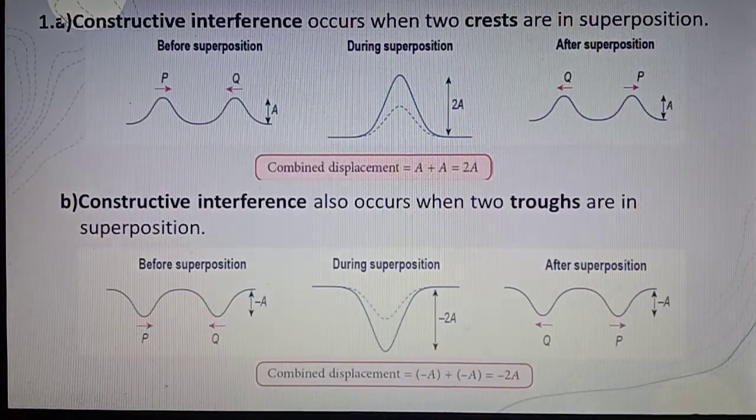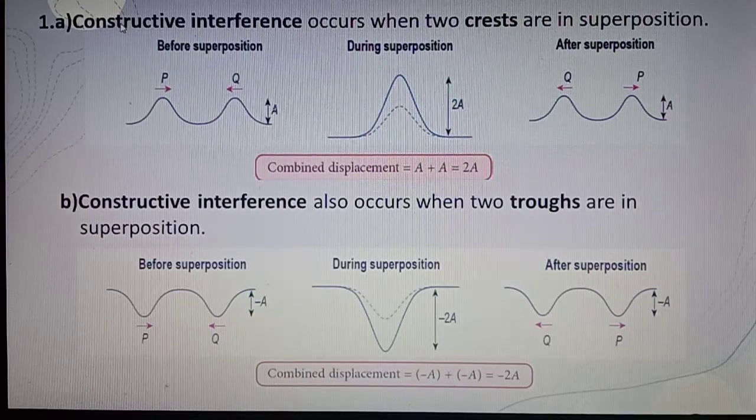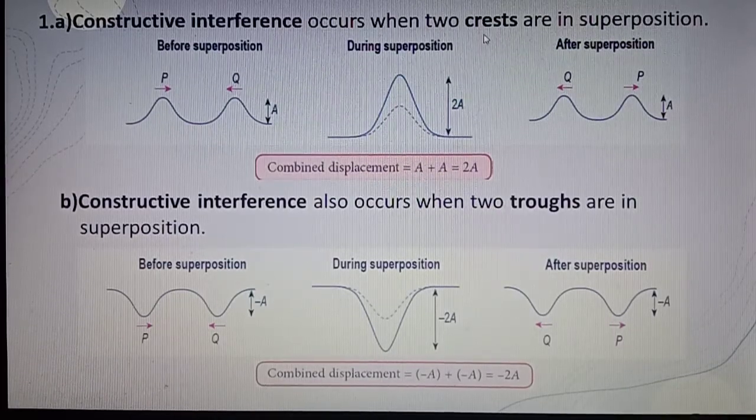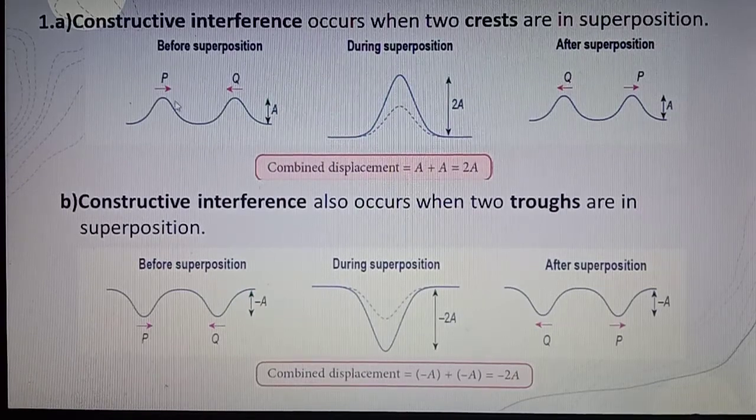Okay, let's look at the two types of interference that occur. The first one is constructive interference. Constructive interference occurs when two crests are in superposition or two troughs are in superposition, meaning the two waves are in phase. You look at this one, P and Q, crest meets crest.